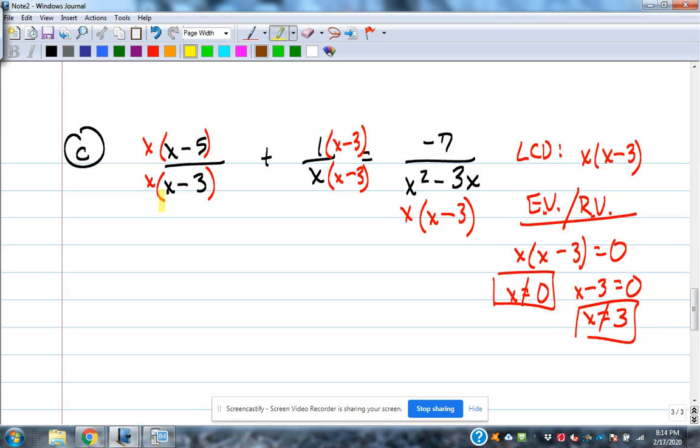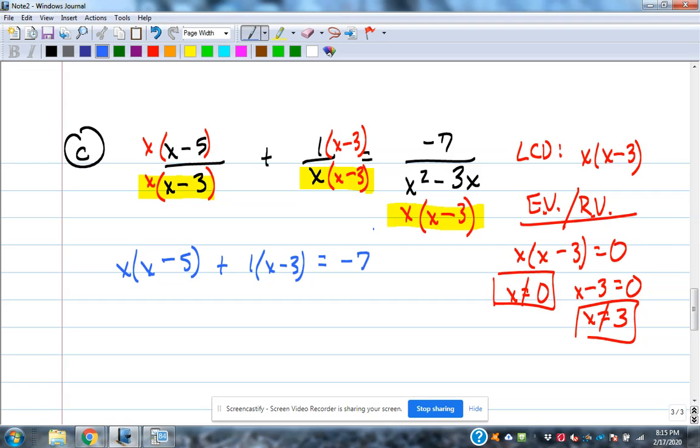Now I've got all the denominators the same. So that means all I've got to work with is the numerators. Okay, so take that step: x times x minus 5 plus 1 times x minus 3. And I didn't have to multiply the third fraction by anything, so I just got the negative 7 over there.